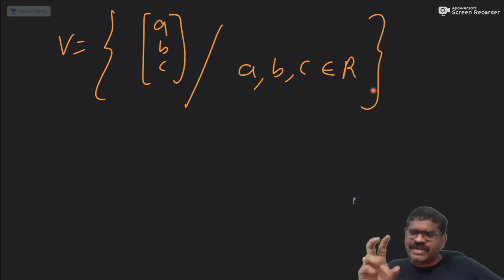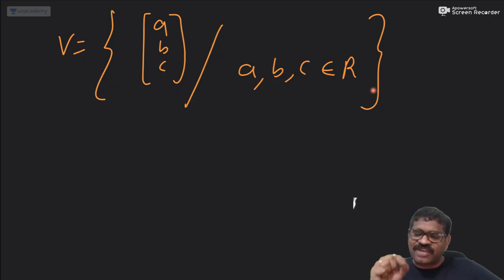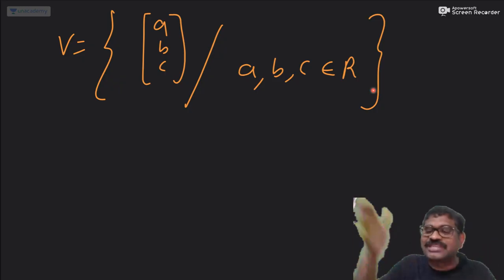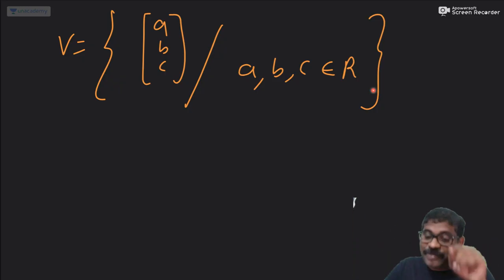I have written vector space V in the form of a set builder form. (a, b, c) indicates a three-dimensional vector. Sir, what are a, b, c? They are real numbers. It means I have taken a three-dimensional vector space.